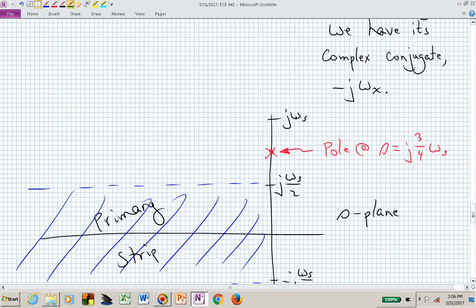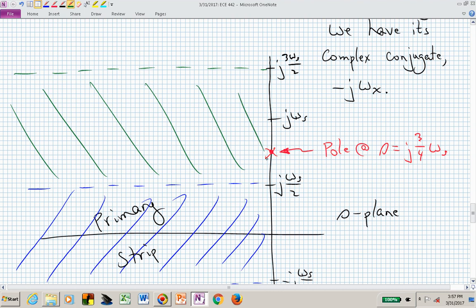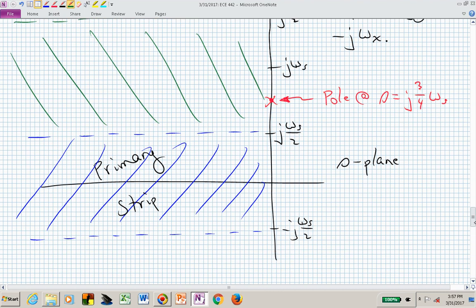Going back up here, then, you can see that all frequencies in the analog setting, here we would have, let's say, 3 omega sub s over 2. If we thought about this strip, anything up here we won't really be able to see in that high of a frequency.